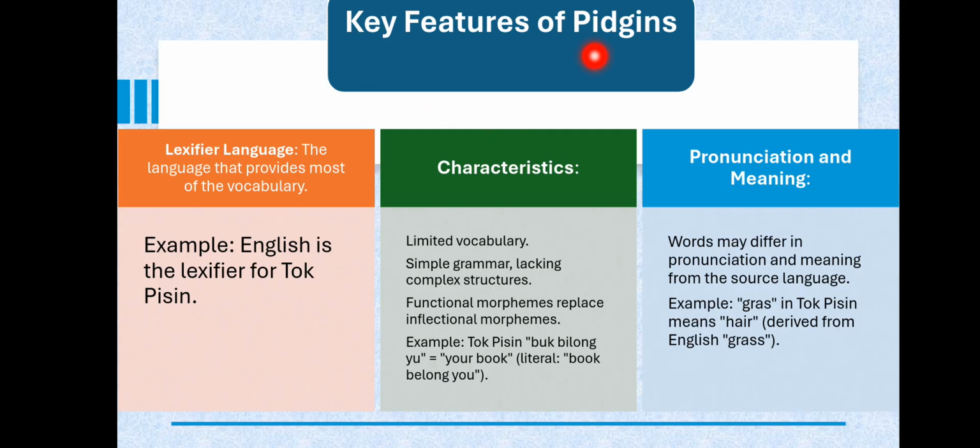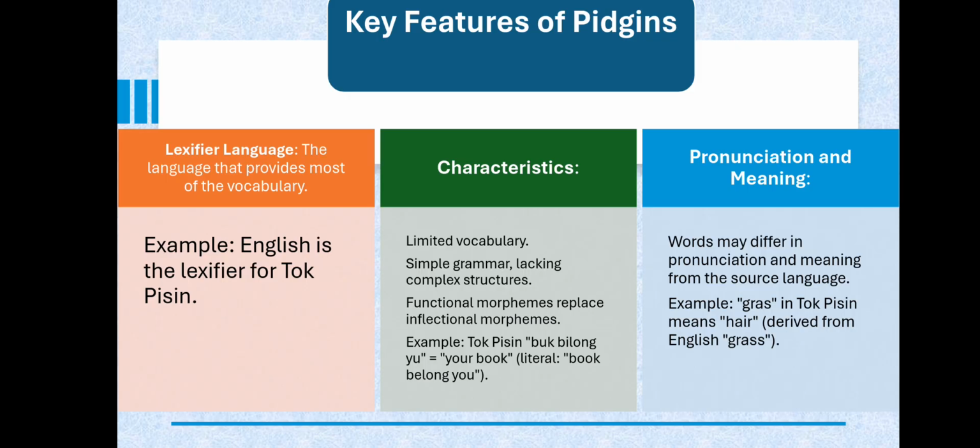Now, key features of Pidgins. Lexifier language: the language that provides most of the vocabulary. So what is a lexifier language? Lexifier is the language which provides most of the vocabulary. As I told you, a Pidgin is neither the language of one group nor another.